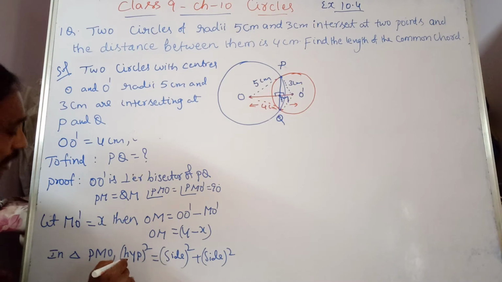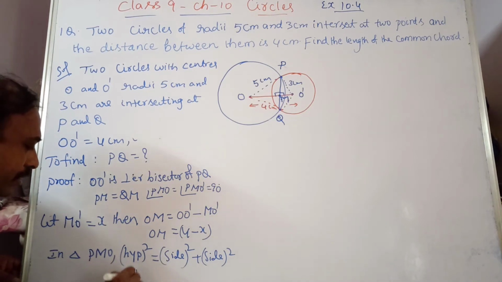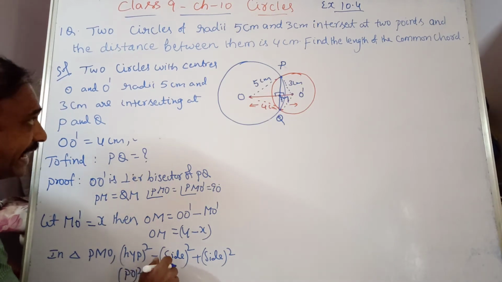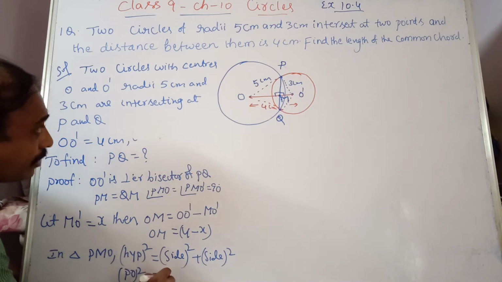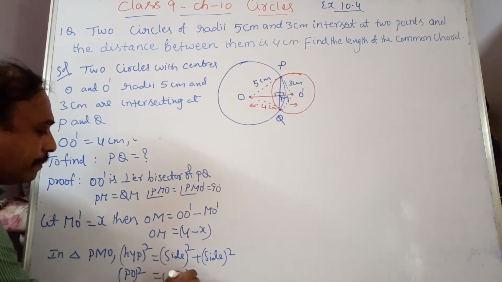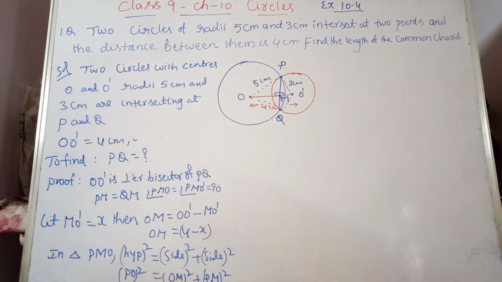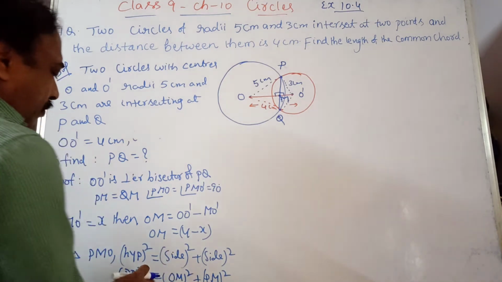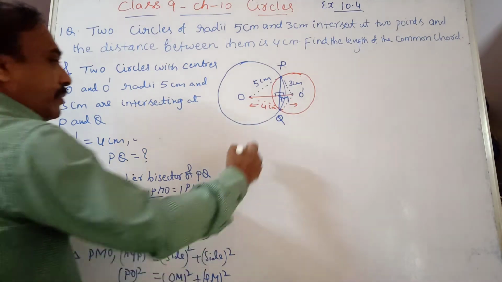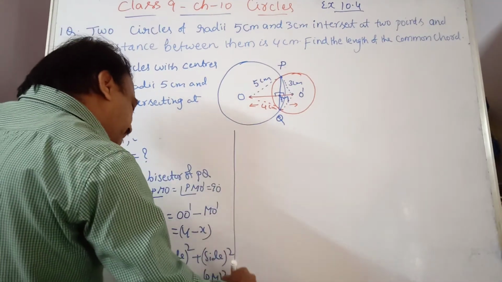So PO square is equal to OM square plus PM square.